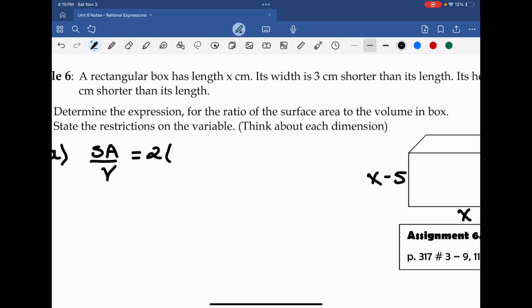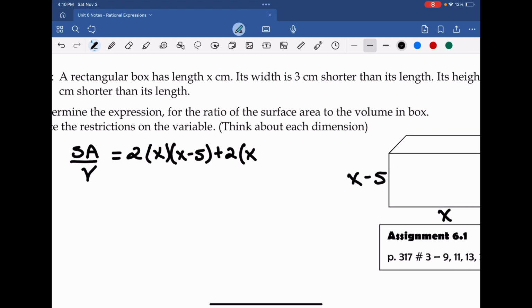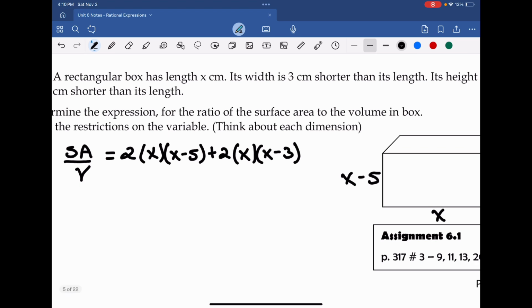So it's going to be 2 times, let's say we take the length and height first, x times x minus 5, plus 2 times, now we measure the length and width together, x times x minus 3. And then if we do the width and the height together, it's going to be plus 2 times x minus 5 and x minus 3.